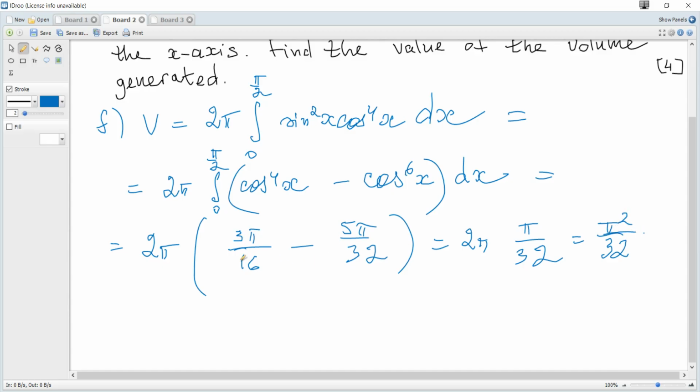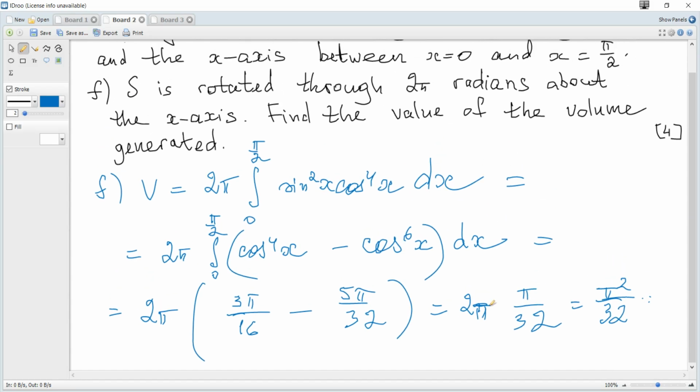Let's check. 32, 6 minus 5, 2 pi, 1 pi over 32. Okay, the next.